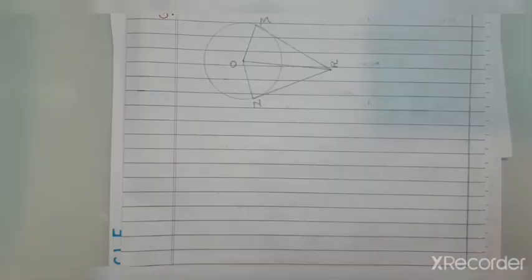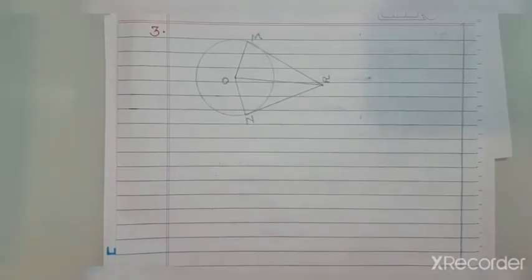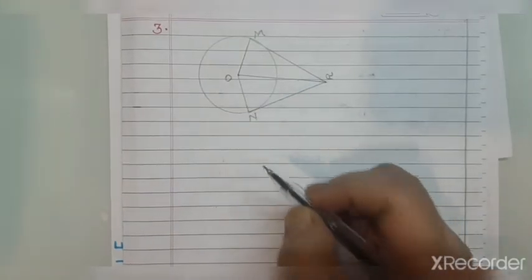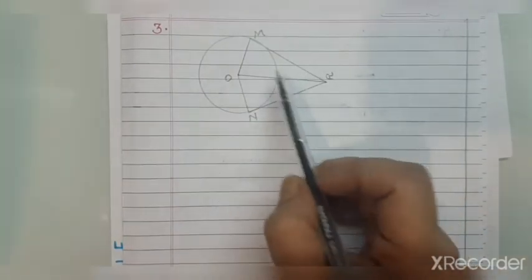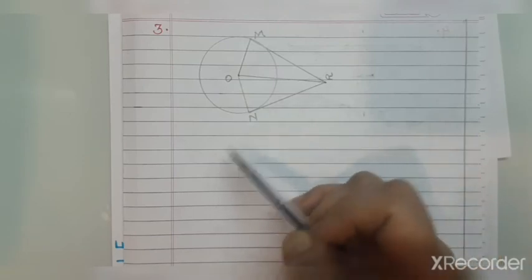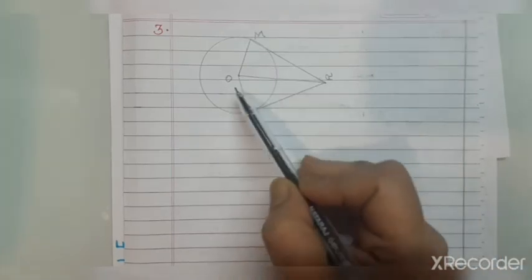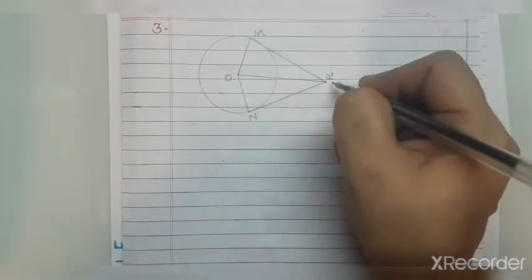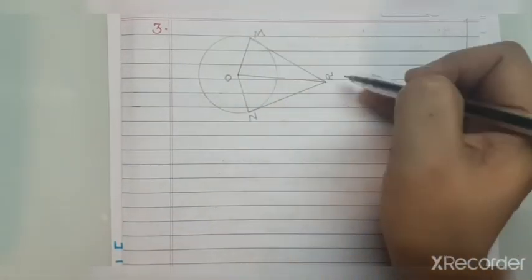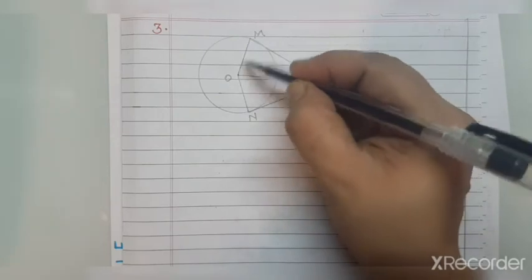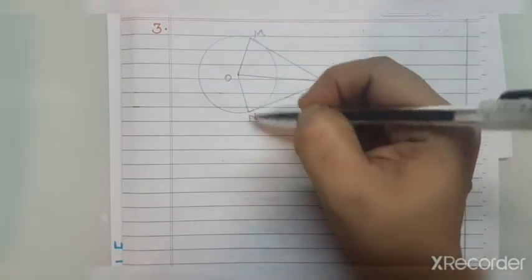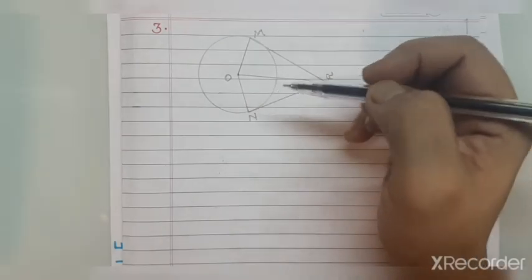So let's see. Now coming to the figure, since the figure is already given, they have mentioned that RM and RN are the tangent segments, and O is the center of the circle. So if RM is the tangent to the circle, OM becomes the radius, and RN is a tangent to the circle and ON becomes the radius.